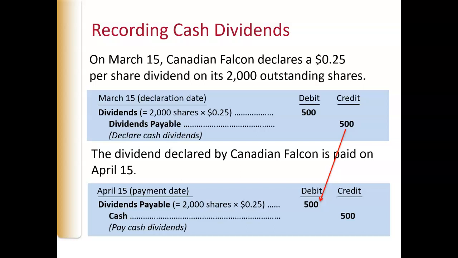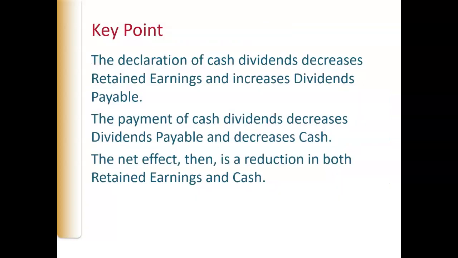Okay? Remember, guys, the declaration of cash dividends will decrease retained earnings because we debit our dividends, which is a reduction of retained earnings, and it increases the liability account, dividends payable.